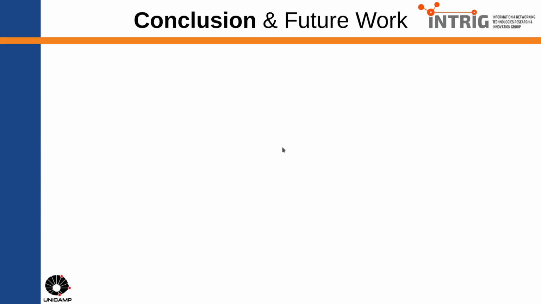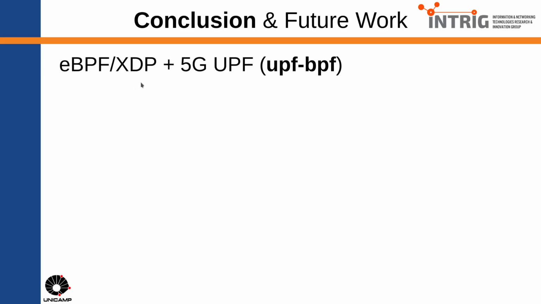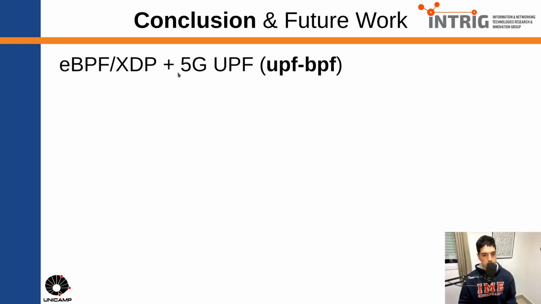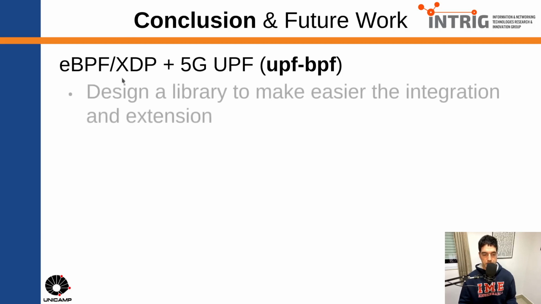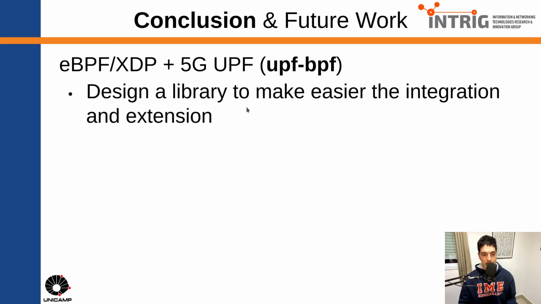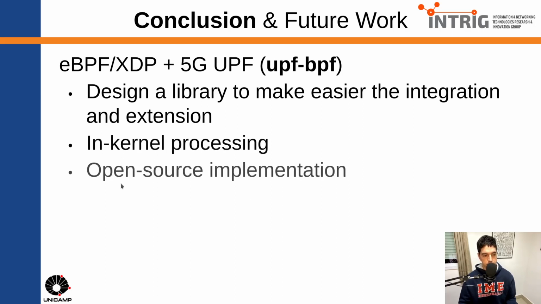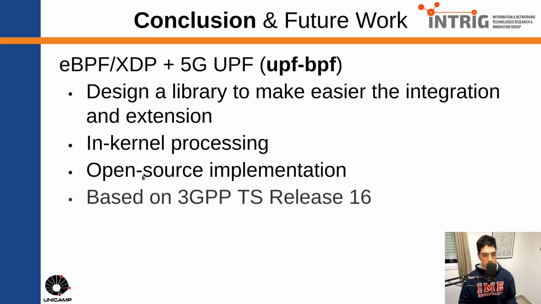So, as I presented here, a UPF based on XDP was developed. It was a library to make the integration easier in the extension. It's in-kernel processing. It's an open source implementation, so everyone can benefit from it.